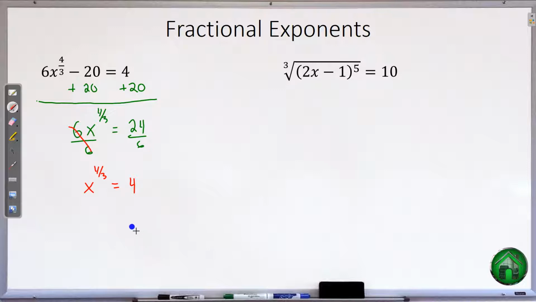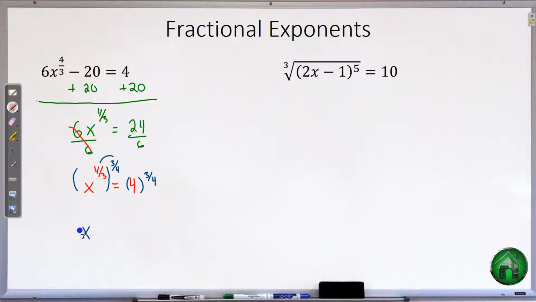So now it's time for something new. How do we get rid of that 4/3 exponent? Well, we're going to raise it to the reciprocal power, 3/4. Now what does that do? Well, remember, we have an exponent property, which means these two are supposed to multiply by each other.